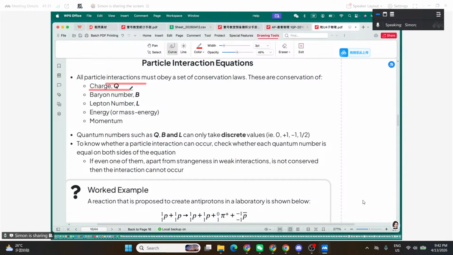First is charge conservation. The second is baryon number conservation. The third is lepton number conservation. The fourth is energy conservation, and the final one is momentum conservation.